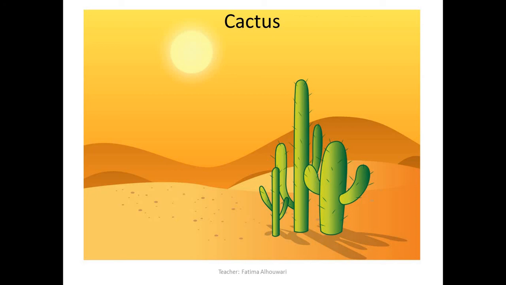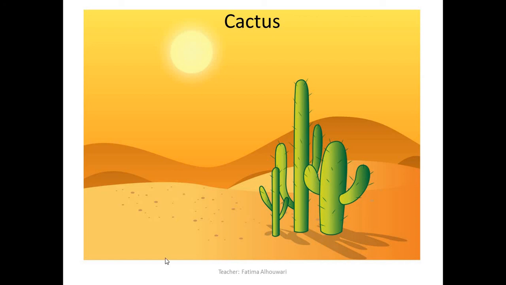But we know that plants need water to live and grow. So, if there is a very small amount of water in the desert, how are these plants growing up? What do you think, grade 1?